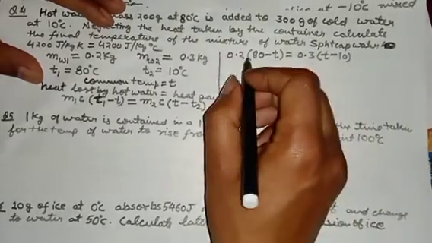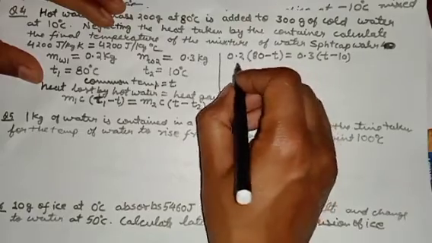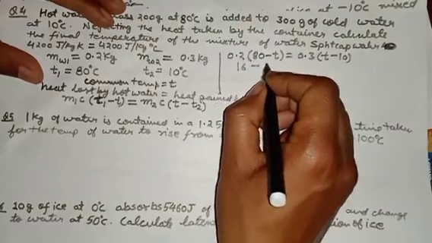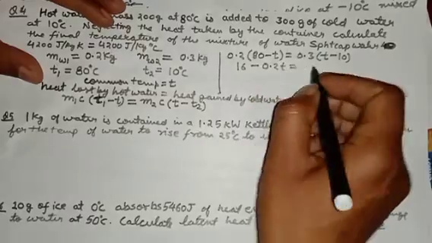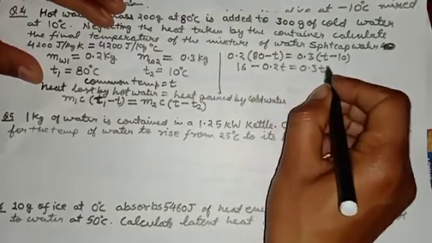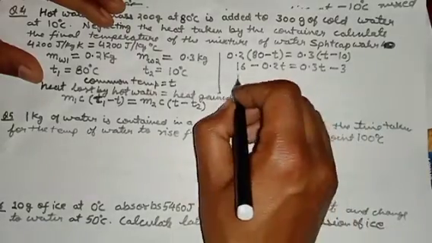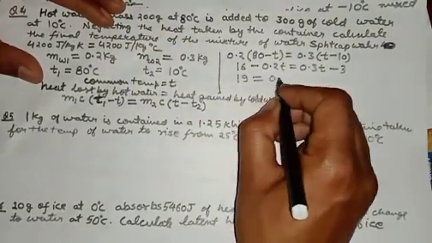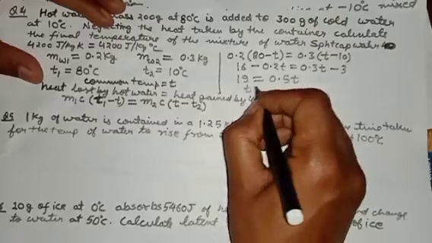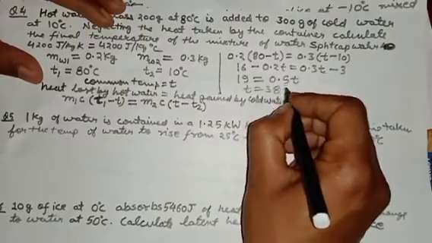Now this is simply an algebraic question. It will be 16 if we multiply them, minus 0.2 T, equals 0.3 T minus 3. So it will be 19 equals 0.5 T. So T will be 38, and of course degree Celsius.